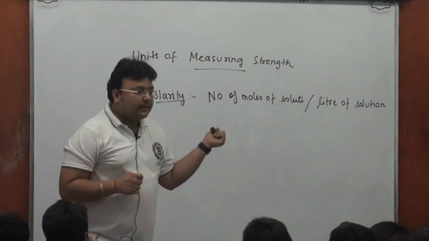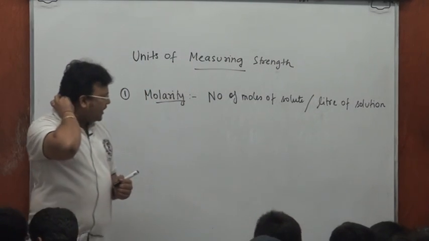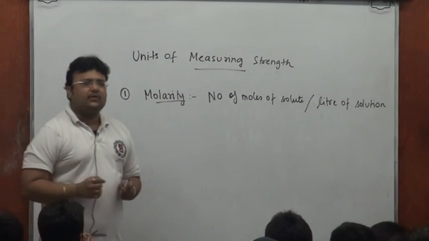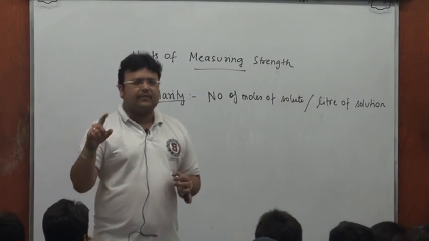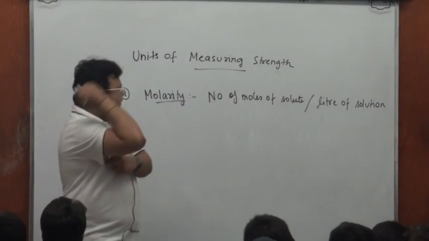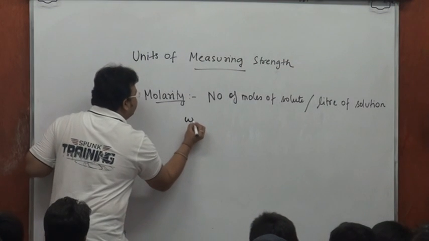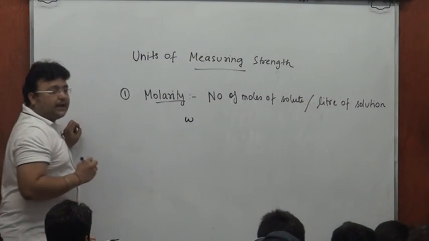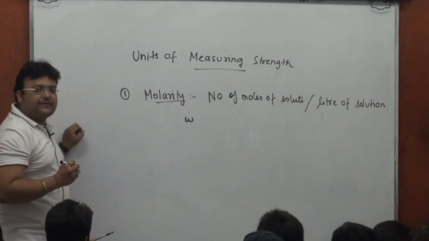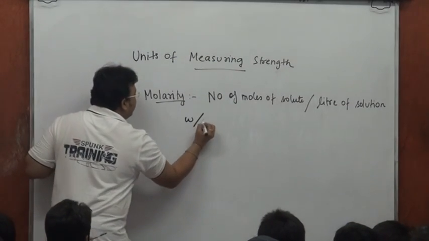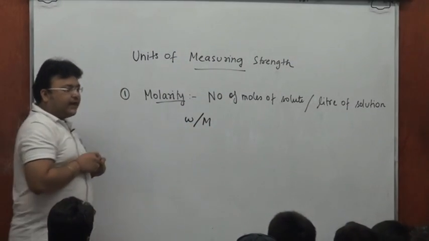So, very quickly, suppose we are talking of a chemical compound having molecular weight m, and if you dissolve W grams of it and form V liters of the solution. So certainly W by m, weight upon molecular weight, will be the number of moles.